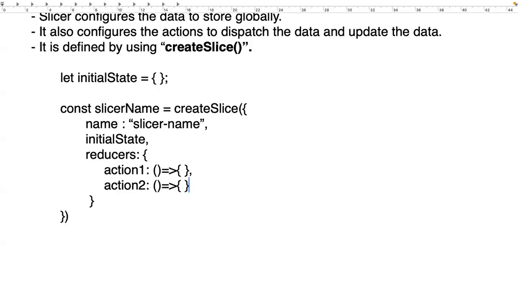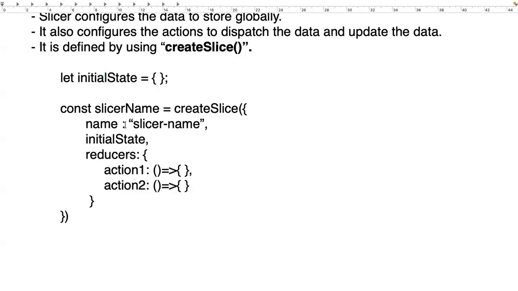So we have to tell what data to store and what actions to perform. Previously, actions we separately designed in a reducer. Here, in reducers, you define what actions you want, and what data you want to store.